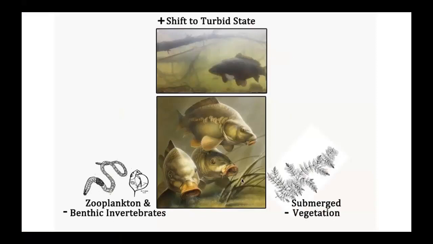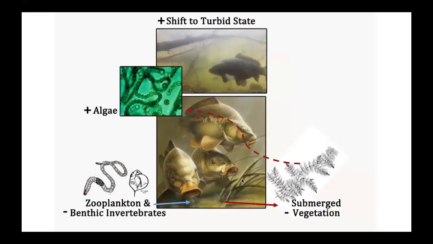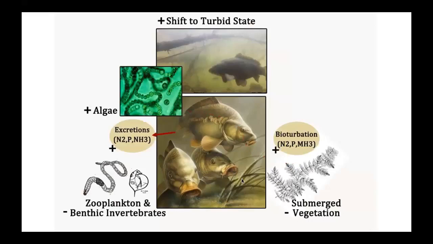When they're endlessly rooting around in sediments for their prey, and also for seeds and other things they can eat, they disturb macrophytes, and they can cause macrophytes to decline, which can then take some of the pressure off of algae in the lake. So you can have an algae-dominated system. They further contribute to that through their excretions, and also through bioturbation, as they stir up sediments and unbury nutrients from them.